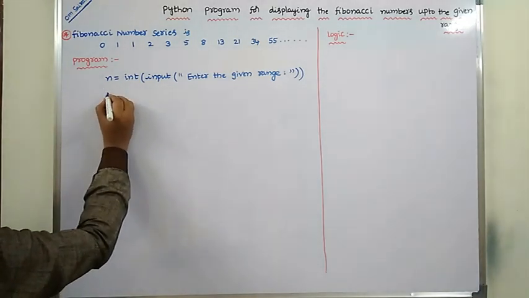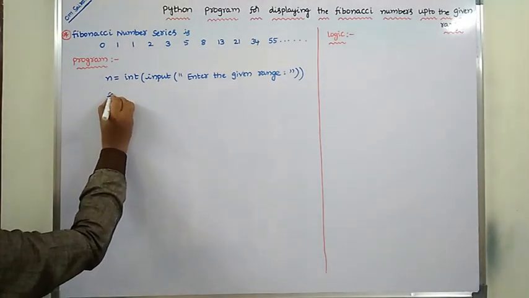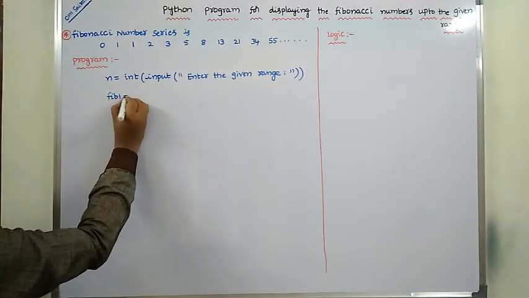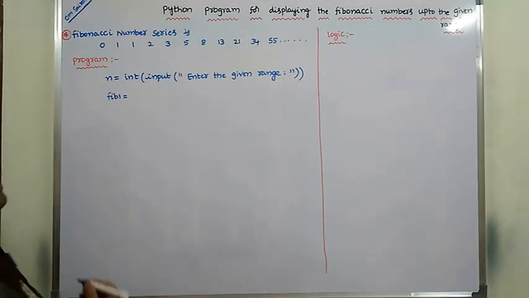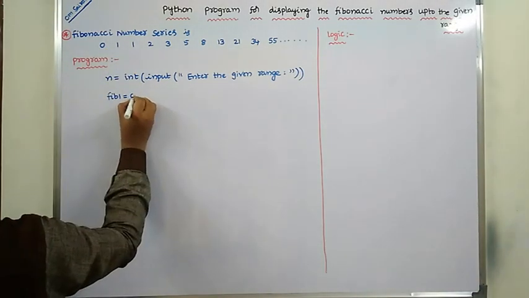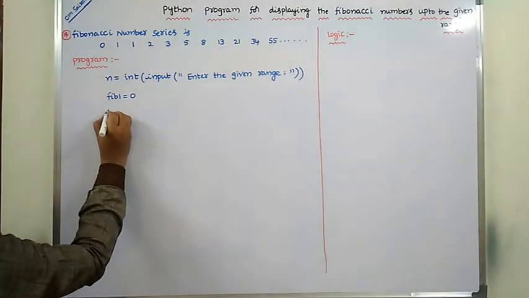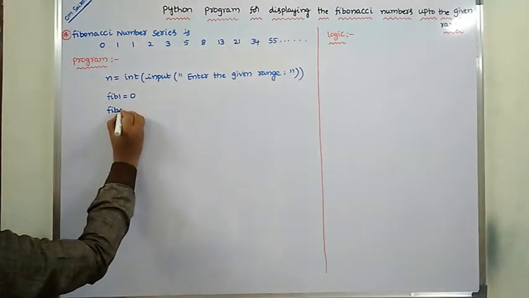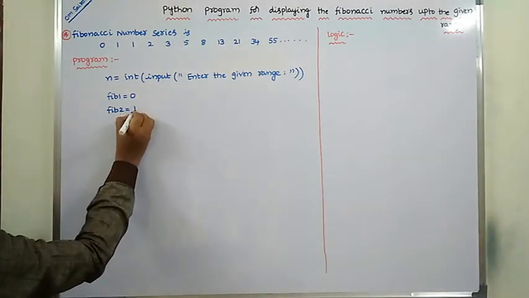Okay, next one, Fib1. Fib1 is nothing but the first Fibonacci number. The first Fibonacci number is 0. Next, Fib2. Fib2 is the second Fibonacci number, that is 1.